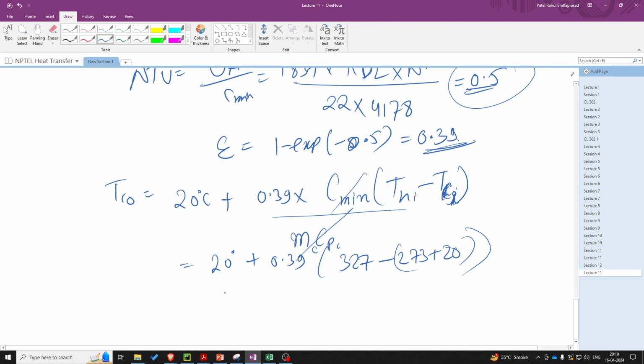So this will come around 306 Kelvin, the cold fluid outlet temperature.